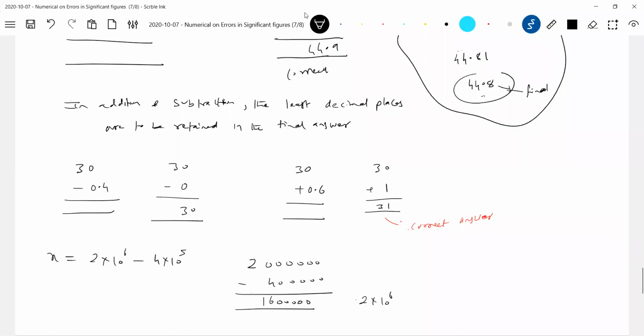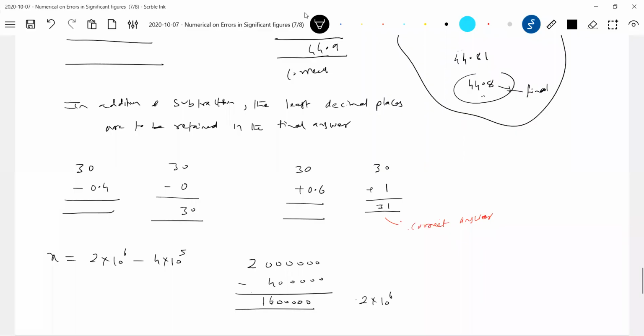Now your task question: why should we write like this? Why can't we leave it like this? The number to be dropped, 1, 2, 3, 4, 5, and this has to be dropped. This is greater than 5, so the preceding should be raised by 1.